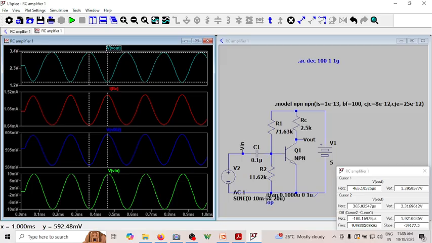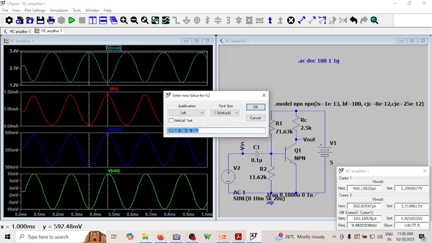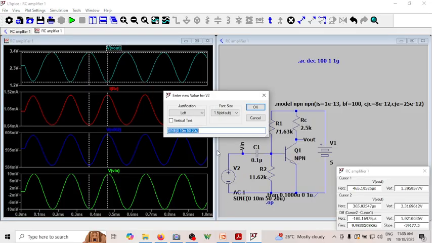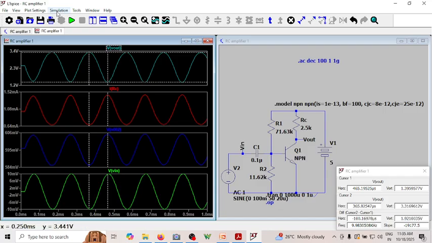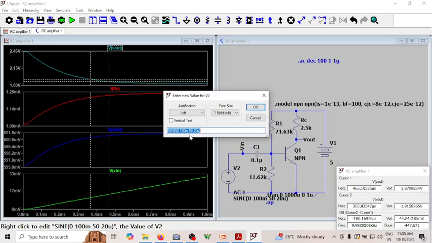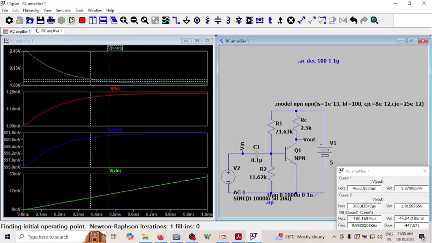So let me make this frequency 50 hertz, and then change this time, making it one more zero.